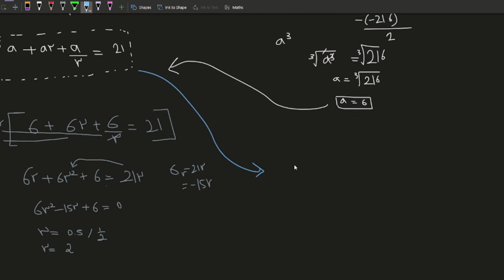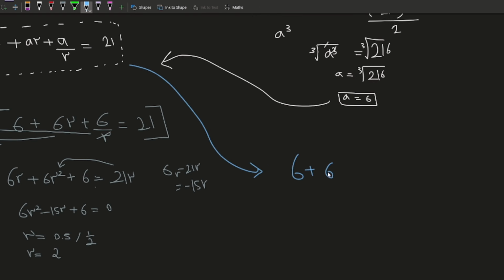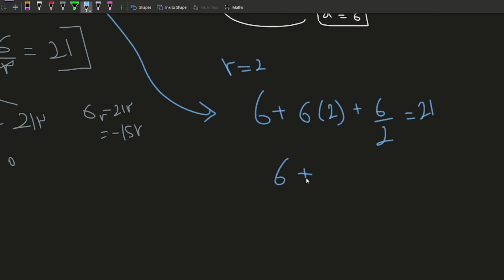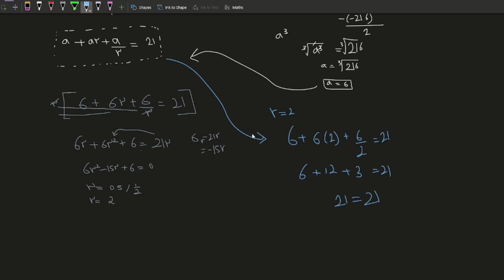Let's first try r as 2. So 6 plus 6 multiplied by 2, plus 6 divided by 2, should be equal to 21. Let's see if this side is equal to 21. 6 plus 12 plus 3 equals 21. 21 equals 21.